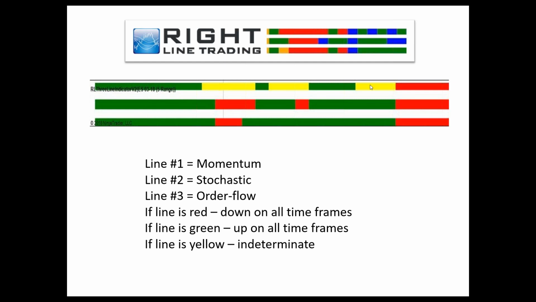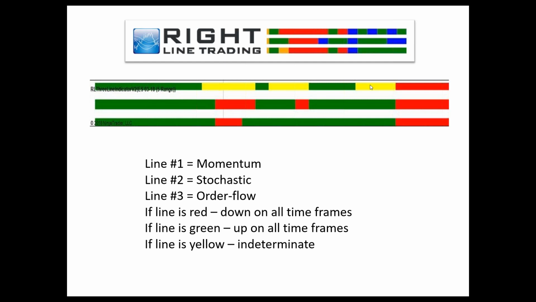All the assessment is done from the 2 higher time frames. The middle line is stochastic, and it does a very, very unique assessment of stochastic. Again, it doesn't look at any data from your trading chart. It only looks at the movement of stochastic on your 2 higher time frames.